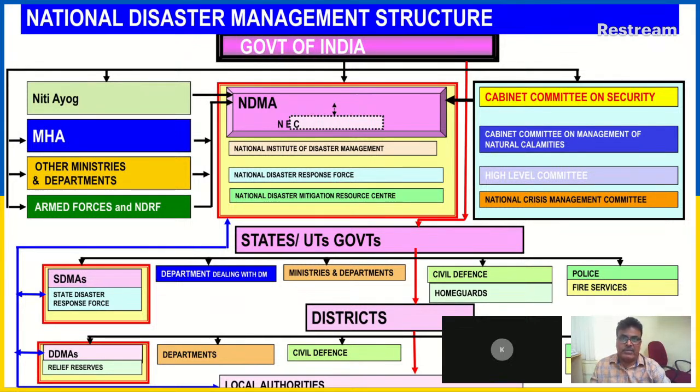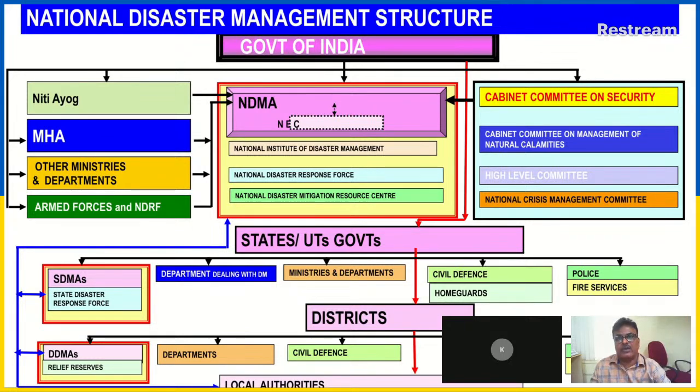I explained NDMA and SDMA now. Below that, there is the DDMA, the District Disaster Management Authority. What do you mean by District Disaster Management Authority? It is the nodal administration for all disasters at district level, headed by the district collector or the deputy commissioner of the district, and co-chaired by the Zilla Panchayat chairperson, the elected chairperson.